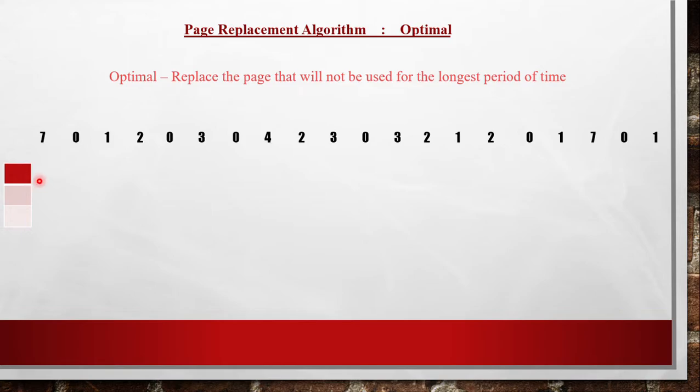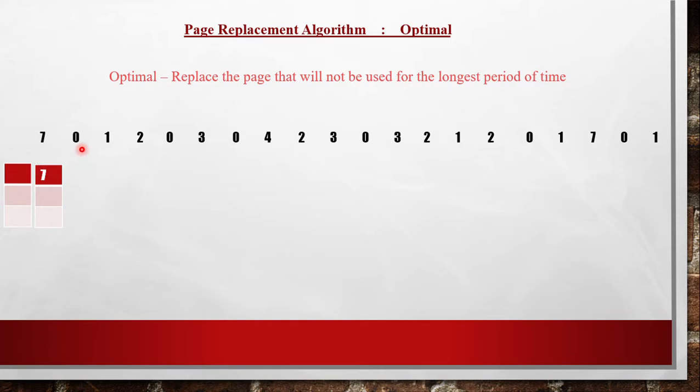So frame 1 will be occupied with page number 7. The situation is the same frame drawn once again, but this is the scenario when page 7 is brought from virtual memory to main memory. So it is the first page fault.